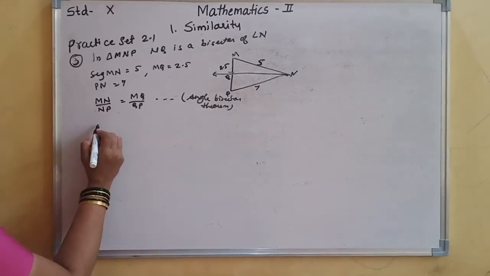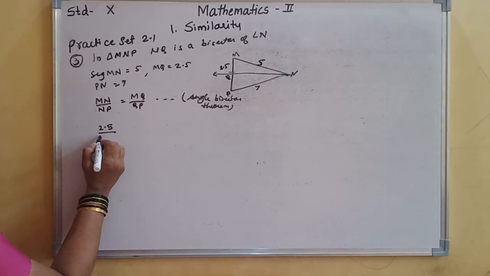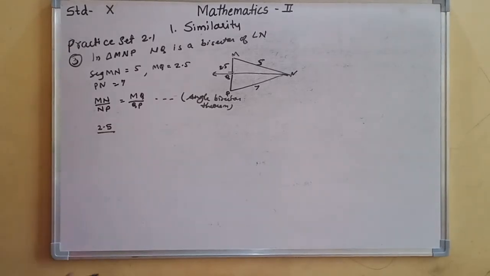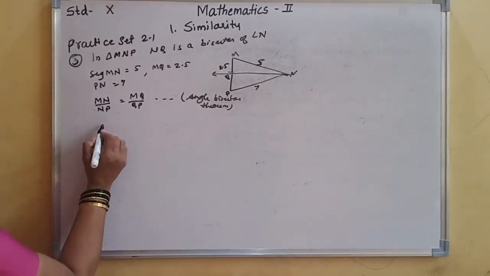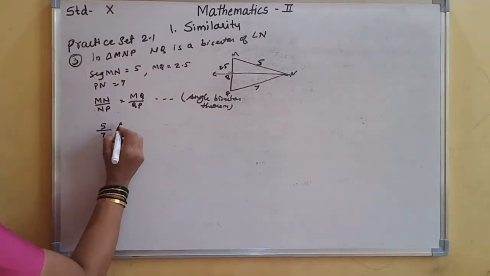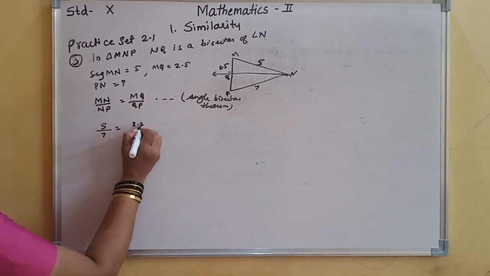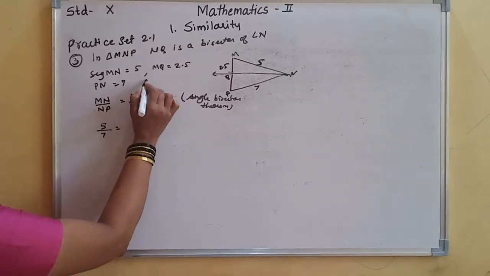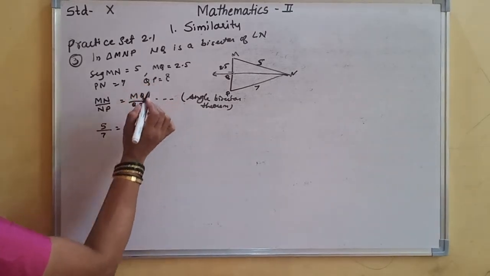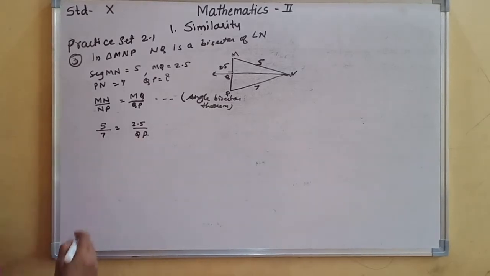Now see, MN is 5. NP is 7. MQ is 2.5 and this QP we have to find out. So what we will do?